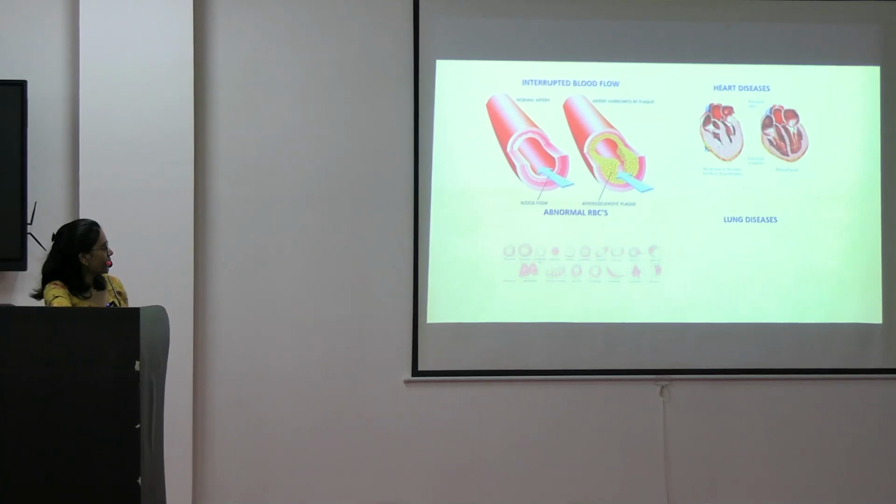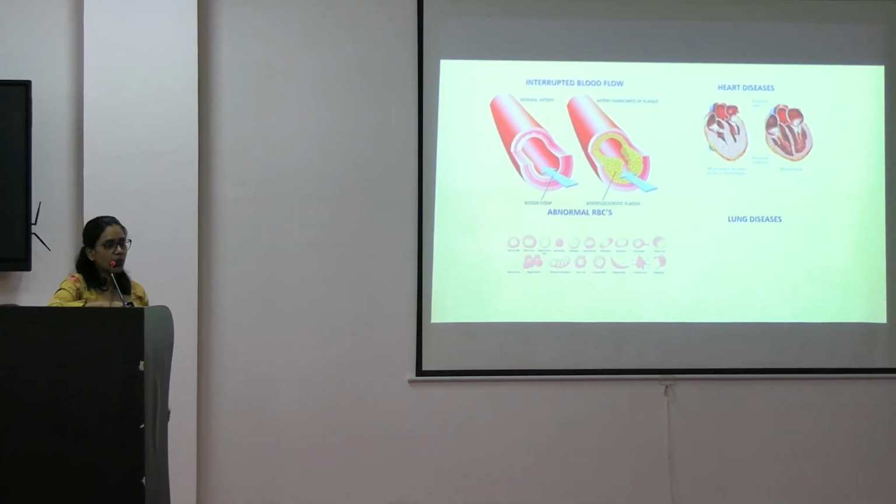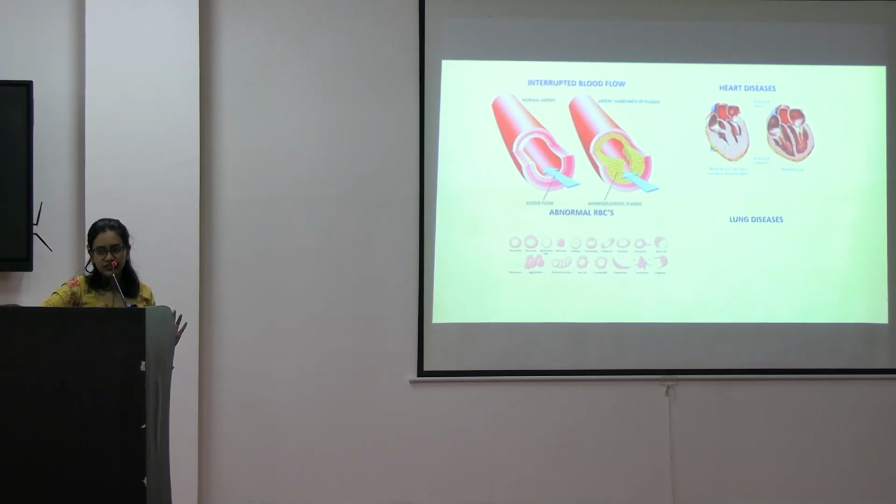So in cases of abnormal shapes of RBCs, we have 2 issues. One is that the RBCs are unable to carry the oxygen efficiently, and secondly, they become very prone to lysis within the circulation. Okay. So where do RBCs get destroyed? Spleen, correct. So there is an increased sequestration by the spleen in presence of abnormal shapes of RBCs.